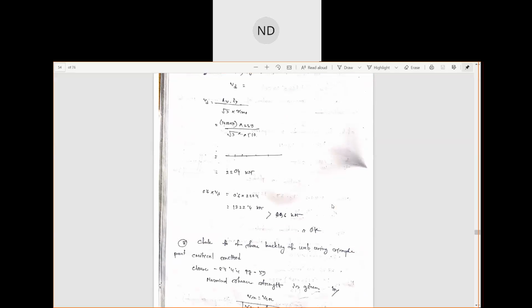Have we done this shear capacity, check for shear capacity and the check for shear buckling of web using simple post-critical method?